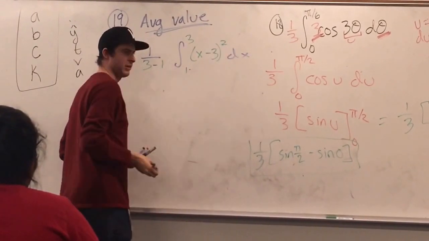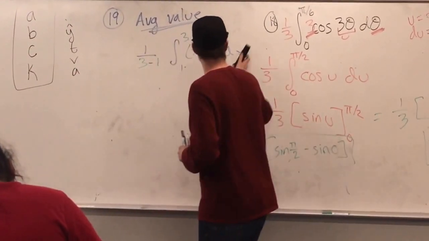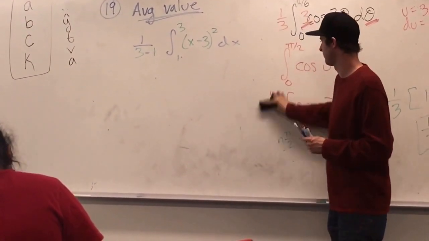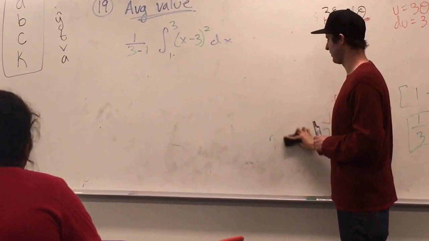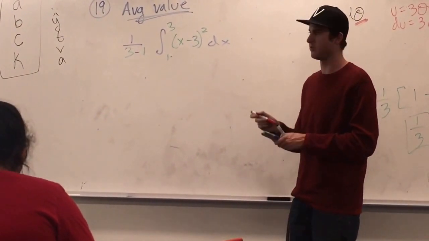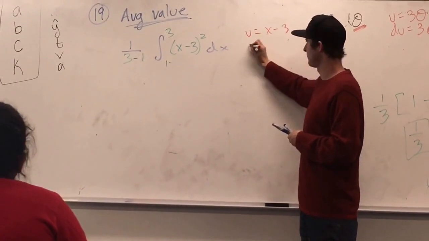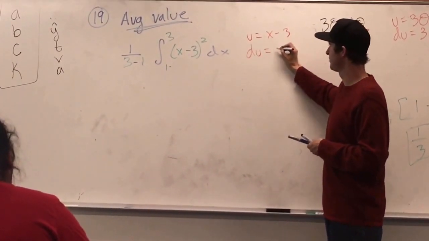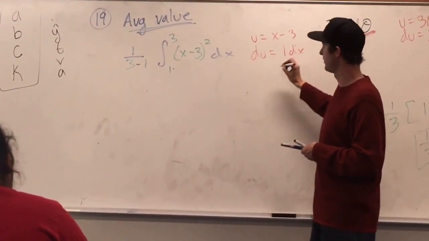Okay, technically this is a u substitution. It's also not really too much of a u substitution because the u and the du is just going to be dx, but I would still do u substitution. So u is x minus 3, du is the derivative of x, which is just 1 dx.